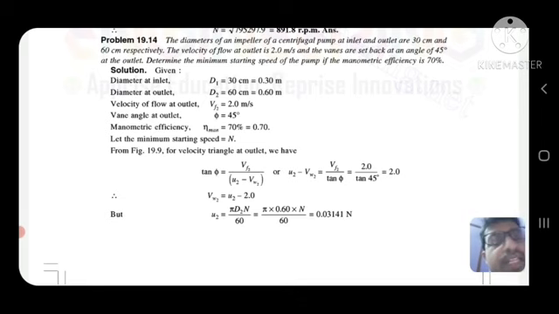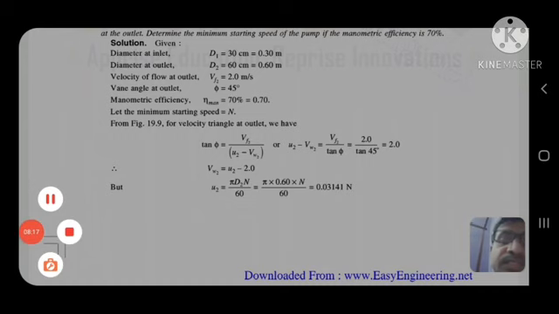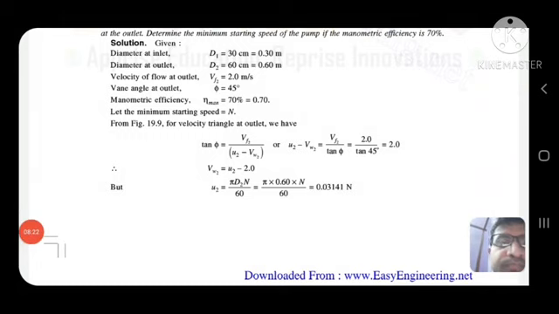Diameter at outlet D2 is 60 centimeter, 0.60 meter. Velocity of flow at outlet Vf2 is 2 meter per second. Vane angle at outlet phi is 45 degrees. Manometric efficiency is 70%, 0.7.